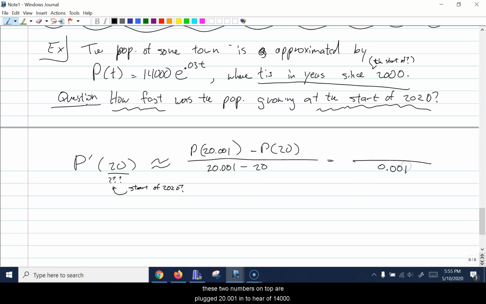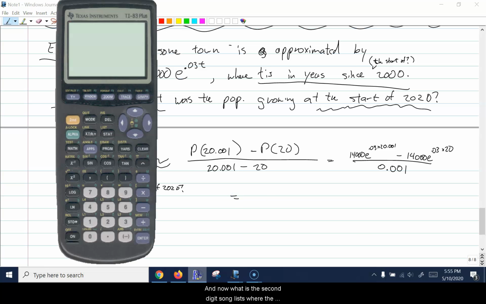These two numbers on top: plug 20.001 into here, so 14,000 e to the 0.03 times 20.001, minus, now plug in 20, 14,000 e to the 0.03 times 20. And now, what is this? I get digits on this with a calculator.